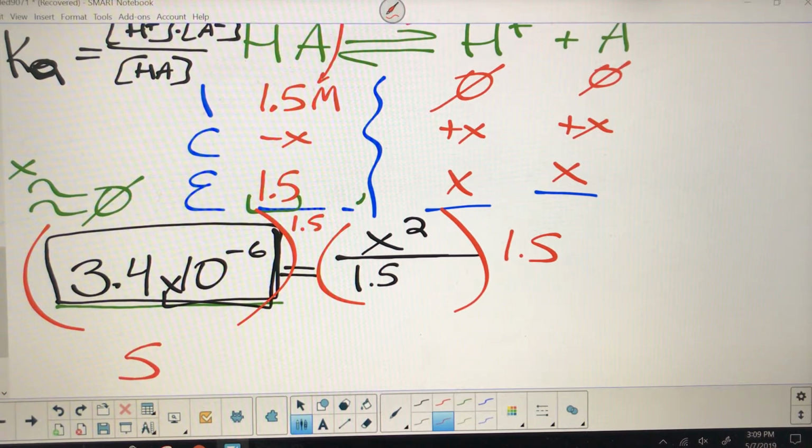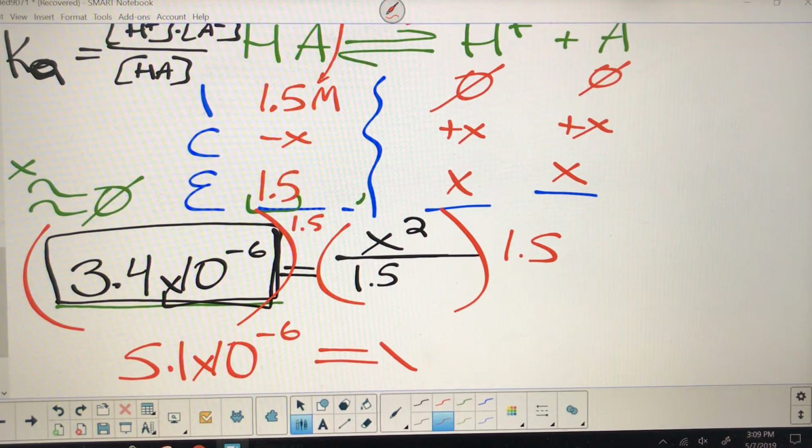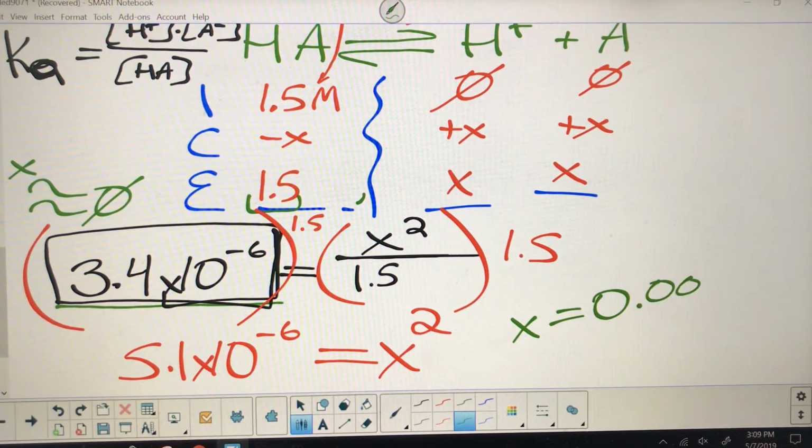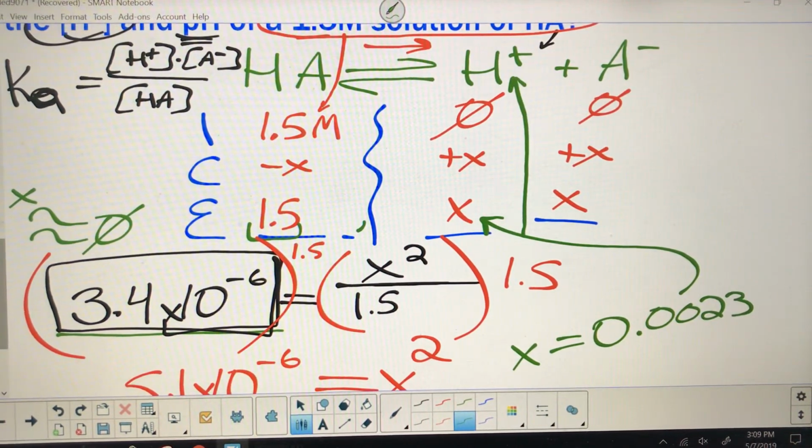If you multiply those together, you would get 5.1 times 10 to the negative 6th equals x squared. And once you solve for x, I would square root both sides. You will get x to be about 0.0023, which, if I scroll up here, is your H plus concentration.